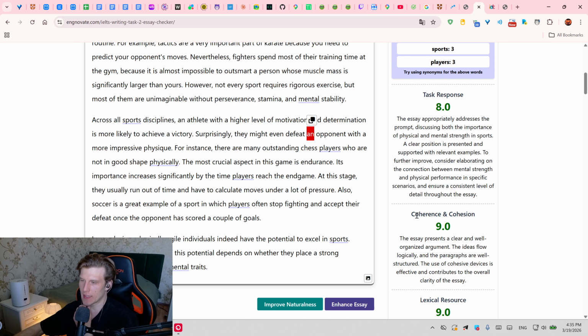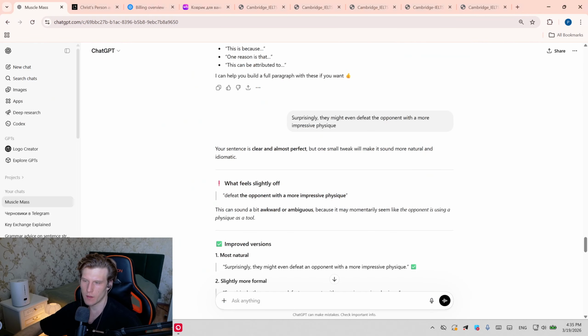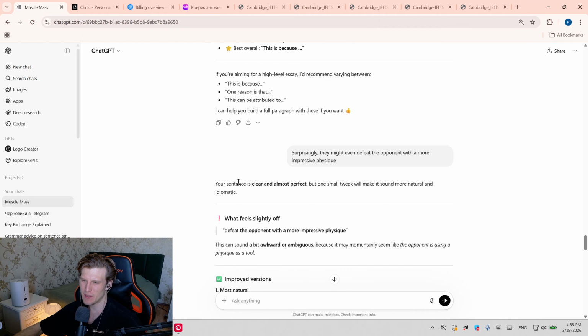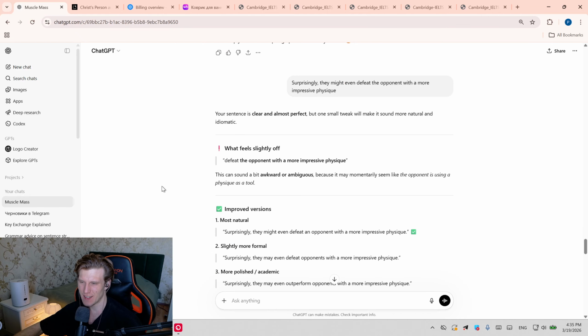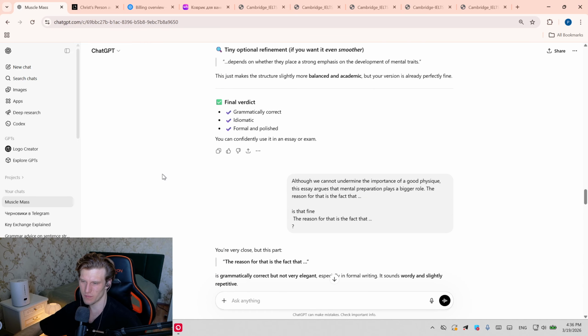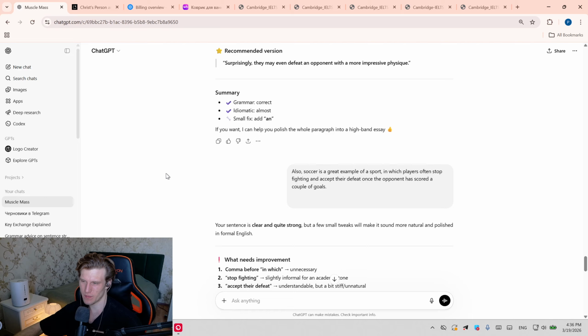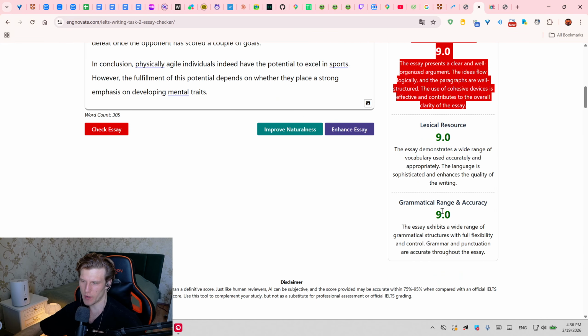That's why it makes sense that I improved my score in this section. But really, from 7 to 9? This part, that's a grammar problem, right?